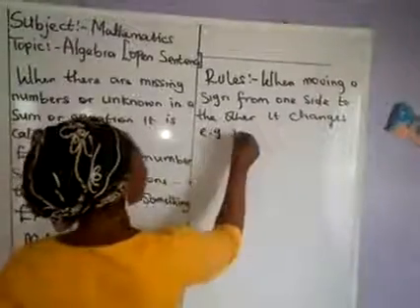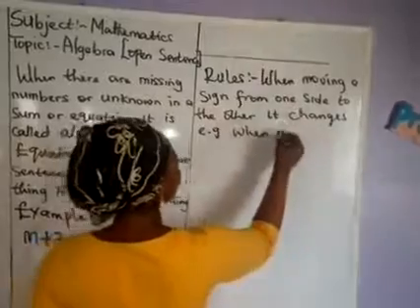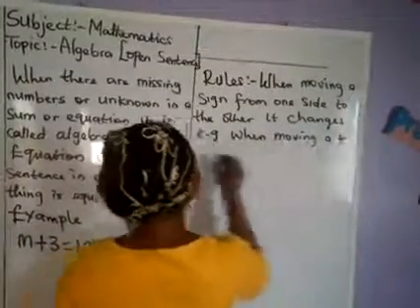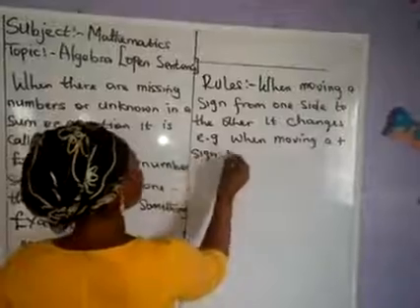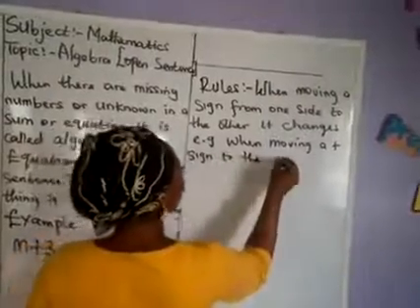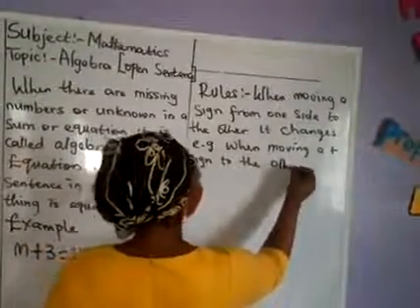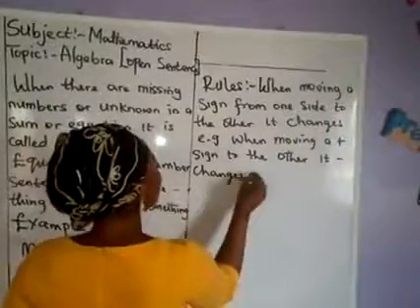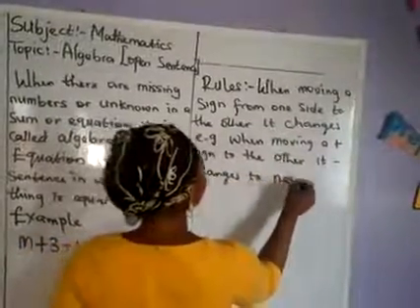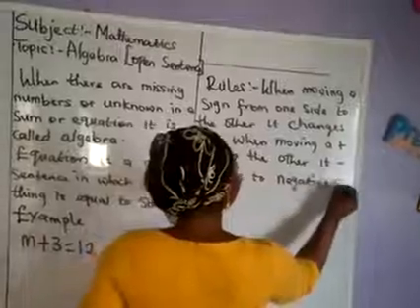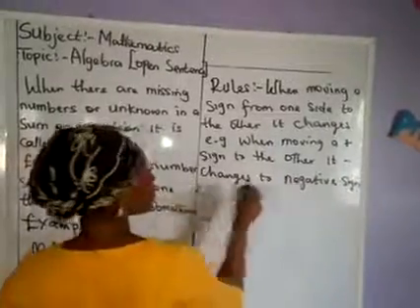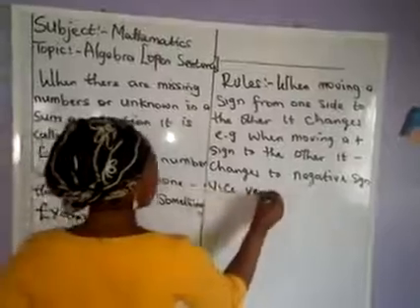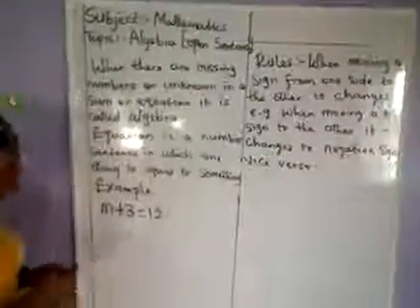E.g., when moving a plus sign to the other side of the numbers, it changes to negative sign, and vice versa. Now let's go back to our equation.